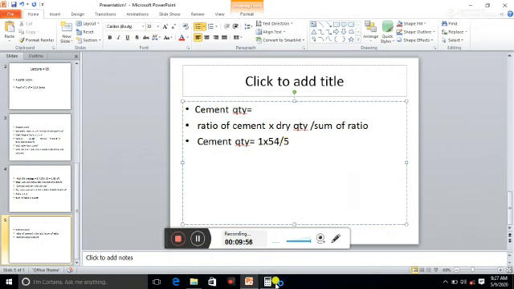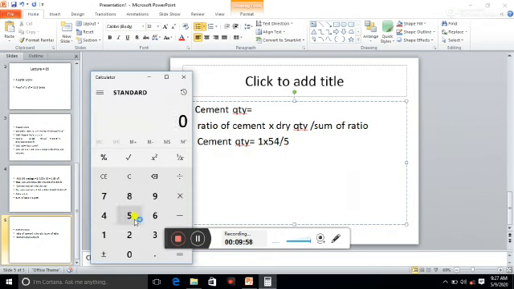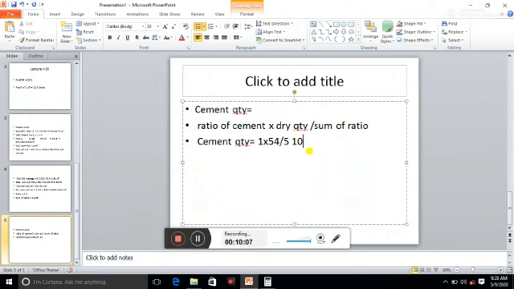Okay, so 54 divided by 5 will give 10.8 cubic feet. Okay, means approximately 11 cubic feet.